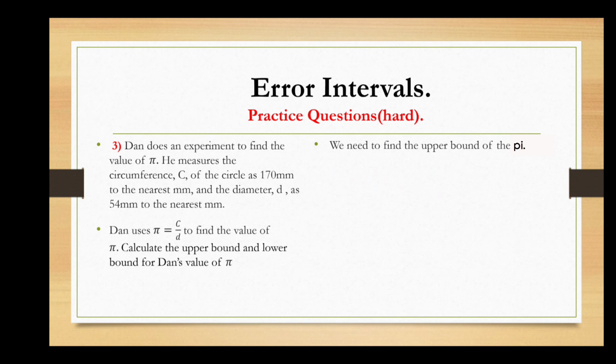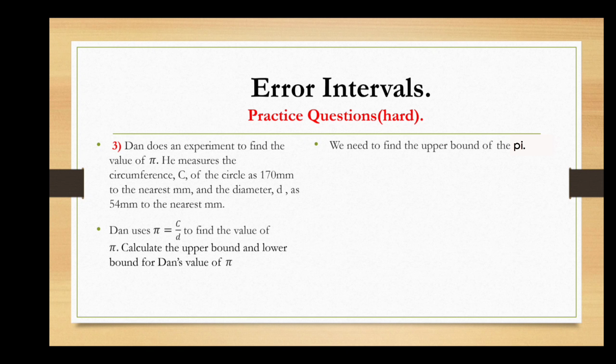That's actually going to give you the lower bound. So let's go ahead now and work out the upper bound and the lower bounds of each value. So remember, they say 170 millimeters to the nearest millimeter. So the nearest millimeter means that it's just 1. And if we take 1 and divide by 2, we're going to get 0.5. So our error in that case is 0.5.